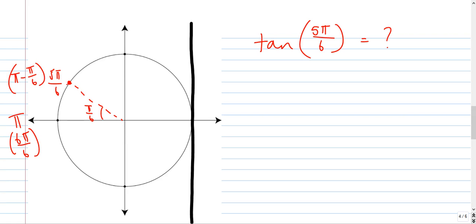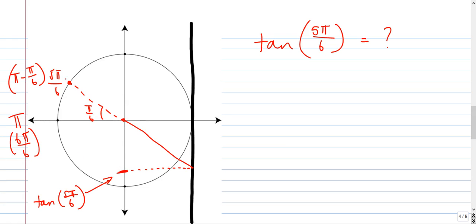And the tan of this, so to work out the tan of 5 pi on 6, I will draw a straight line from the angle down through the origin, continue down until I hit the tangent line, and then go across. And this value here is tan of 5 pi on 6.